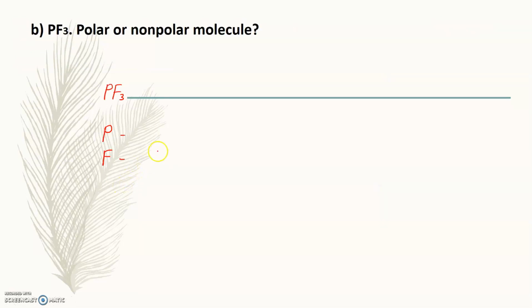Okay, for phosphorus trifluoride. Okay, first draw the Lewis structure. Okay, total 26, and then we draw the Lewis structure. Okay, 26 minus 6 bonding electron, so there are 20, 20 non-bonding electron.